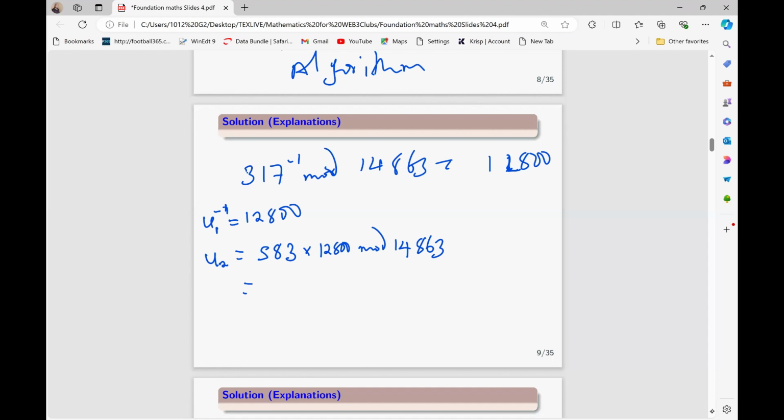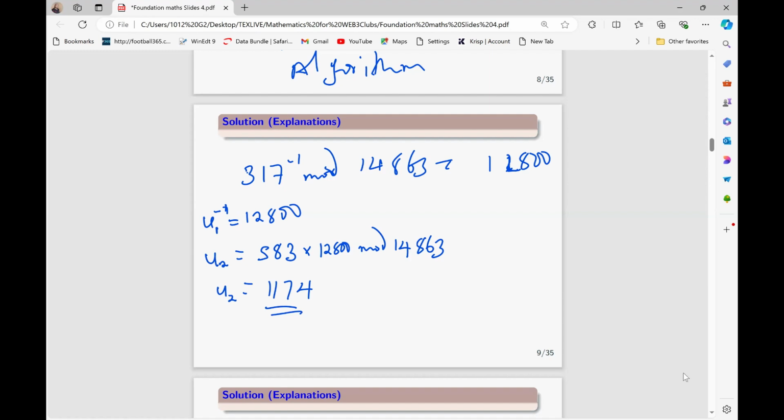That is 583 times 12,800, then divide by 14,863. It goes there 502 times, and the remainder is 1174. So this is our U2.